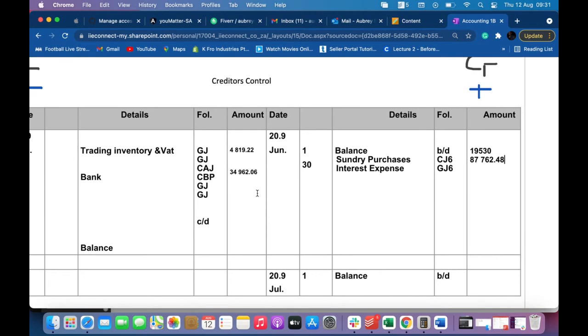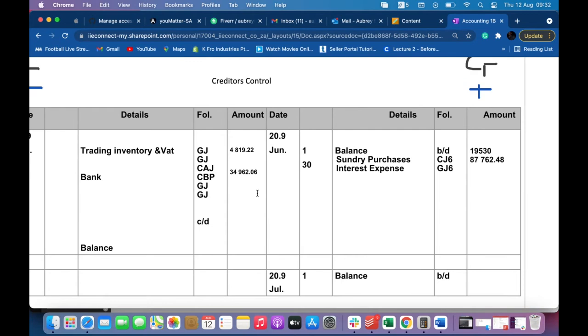Okay, cash purchases, merchandise, cash purchases, packaging material. Those do not apply to what we're doing here because we know that we're operating on credit stuff. So that there is irrelevant for us. We need not pay any mind to it whatsoever. Okay, cool. So we go to the next one.